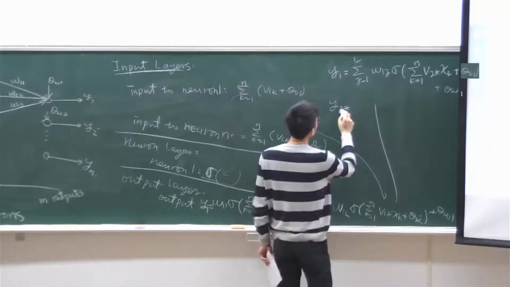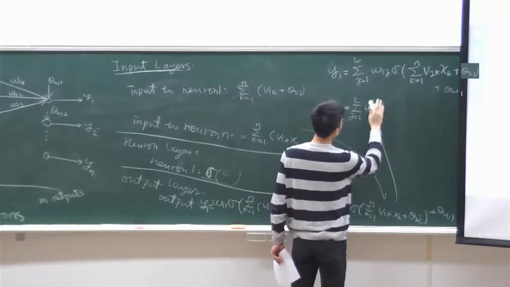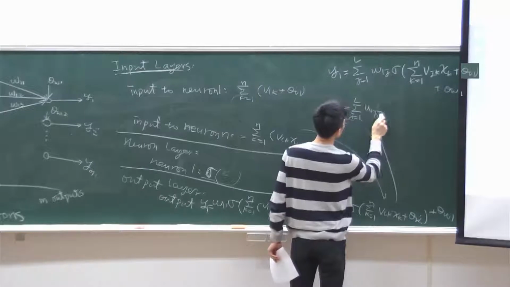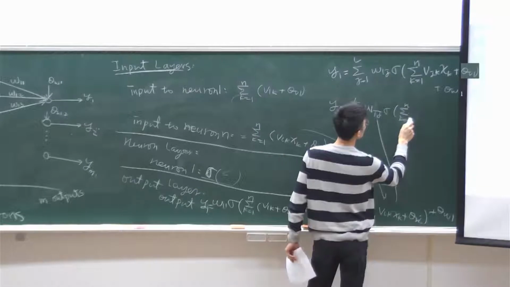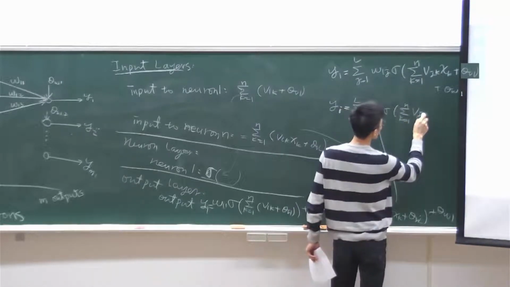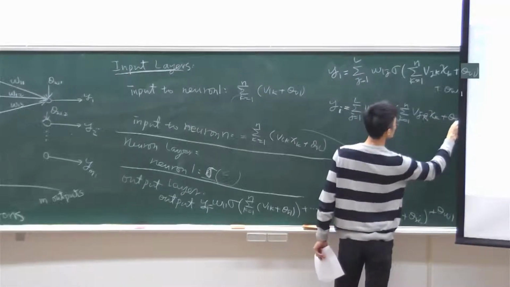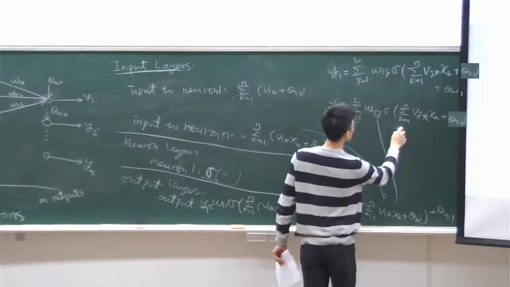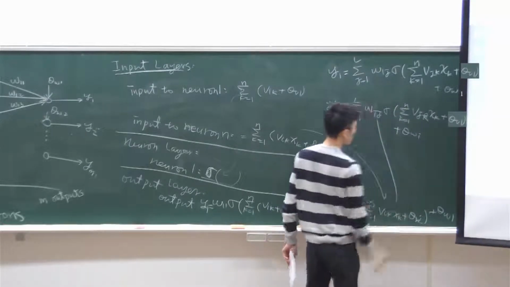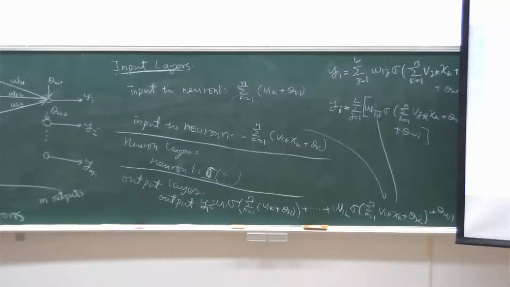So y_i equals sum over j equal to 1 to L of w_ij sigma of the sum over k equal to 1 to n of v_jk x_k plus theta v_j, plus theta w_i. This will be the same as how we have in the paper.